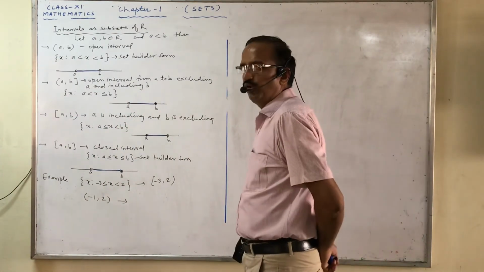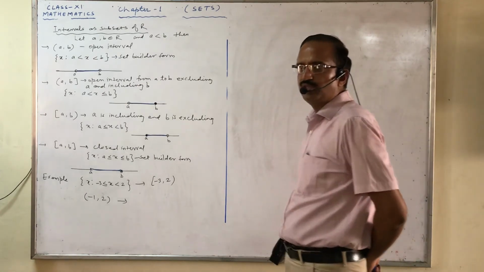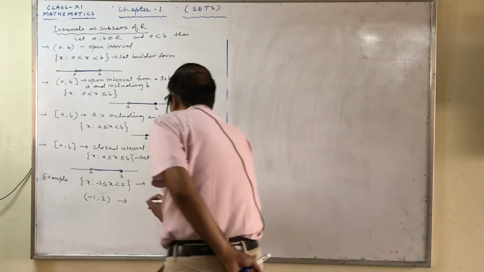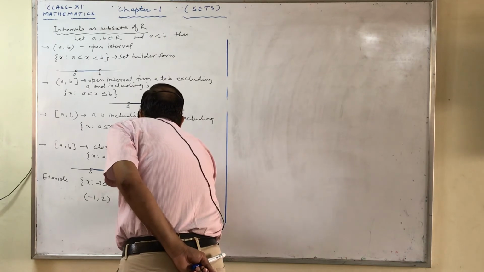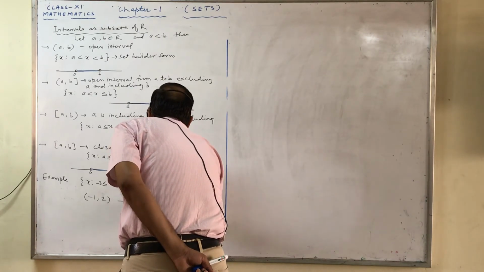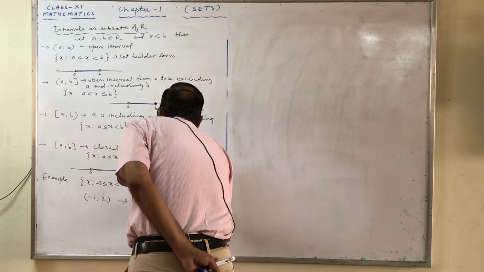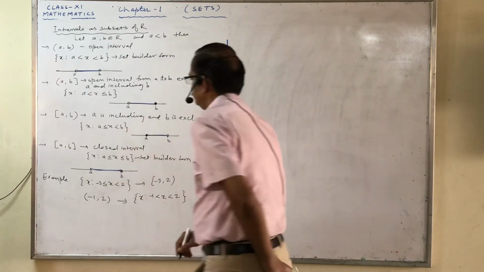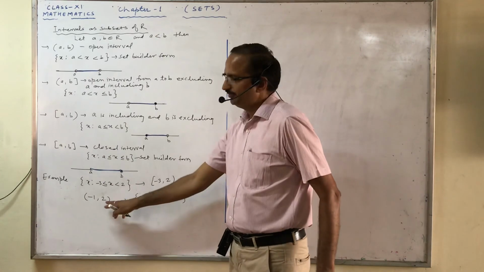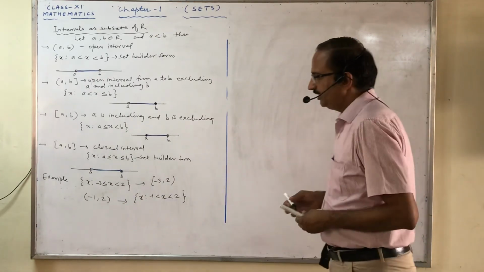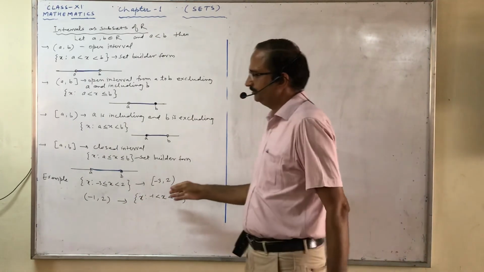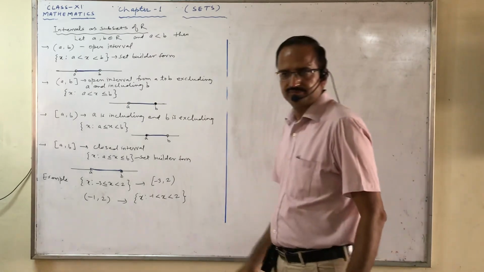Now it is open interval, open from both the ends. Then we can write it as x such that x is greater than -1 and less than 2. So in this way we can write the set in interval form or in set builder form.